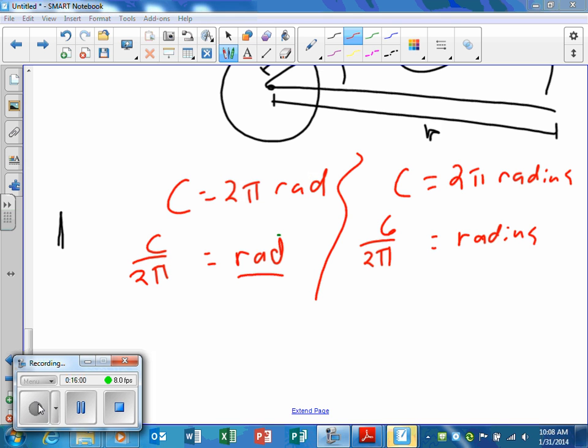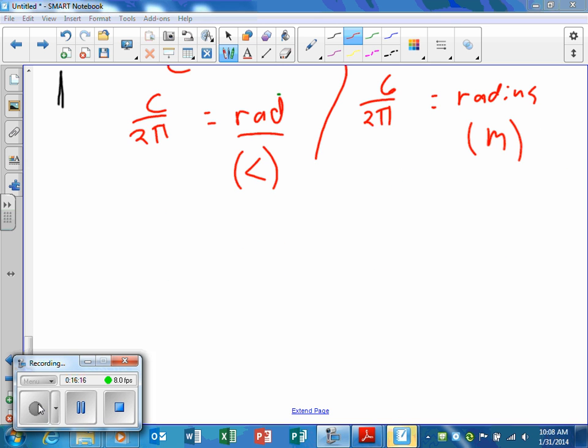So it's hard to do the transitive property, I guess, I think it's called, with this because, you know, one is a meter and the other thing is an angle measurement. So I'm not sure how you go about doing this mathematically, but conceptually you can say that 1 rad sweeps out 1 radius of distance.